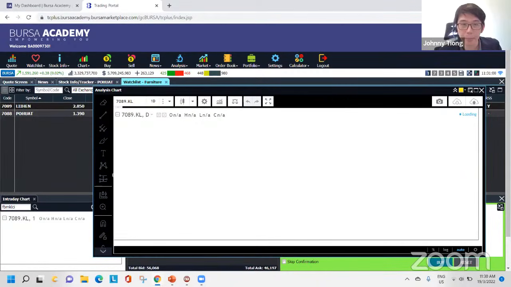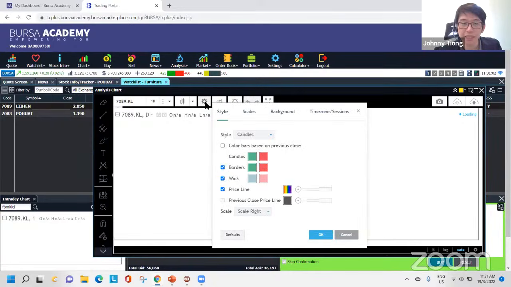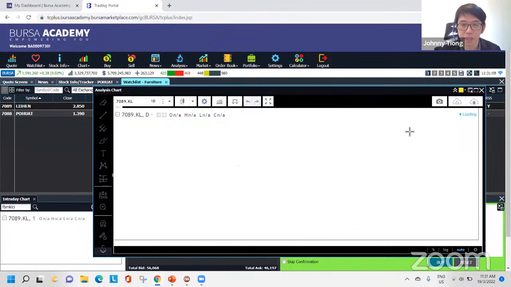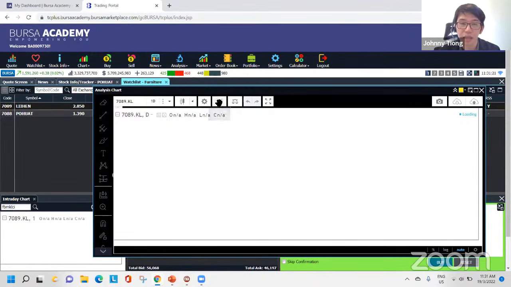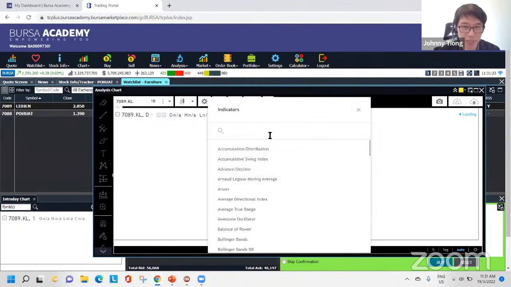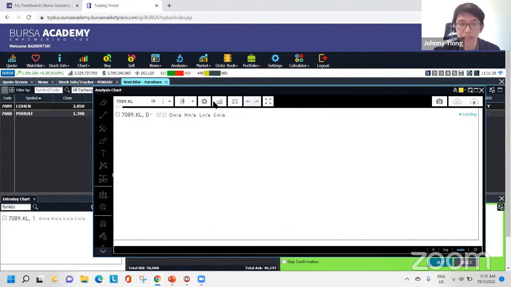Yep. Basically it's just the same as if you're opening TradingView, because the simulator's chart is taken from TradingView. So if you are familiar with TradingView, it's just the same thing. You can change your chart to candle, line, bar chart, and then add whatever indicators you want: Bollinger Band, MACD, RSI, everything is here.